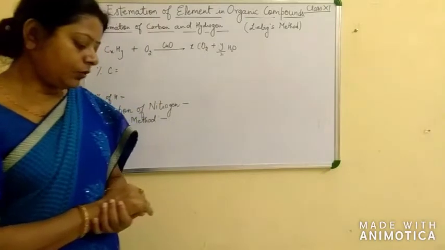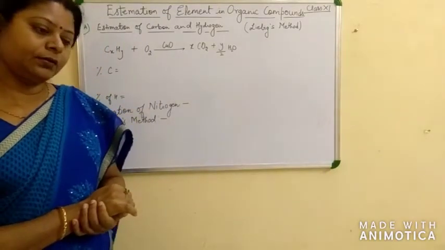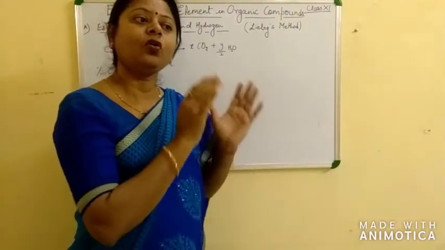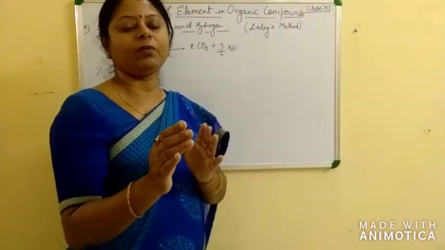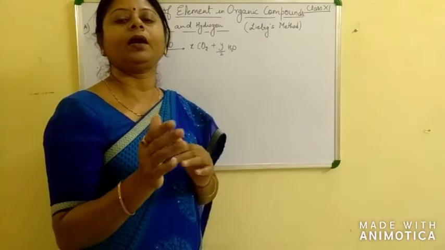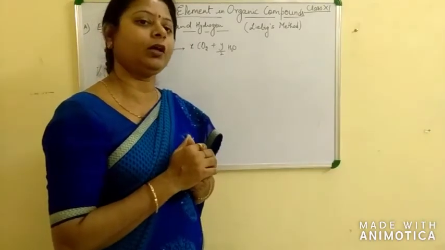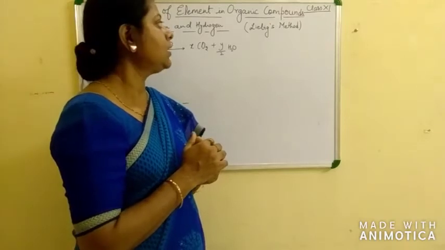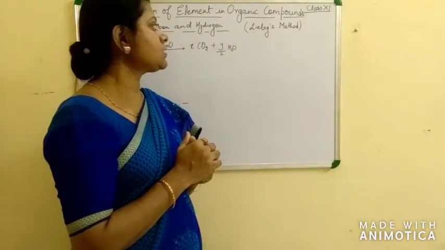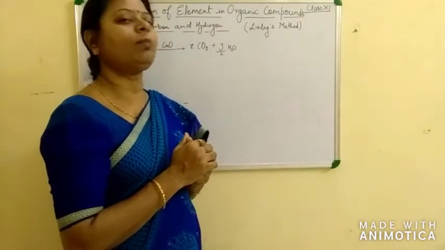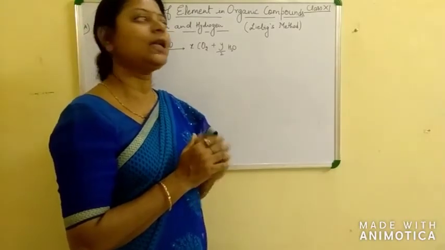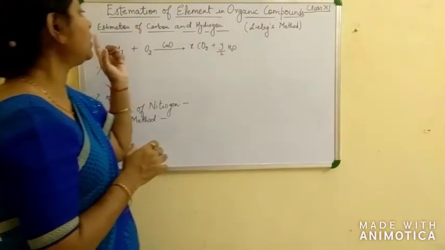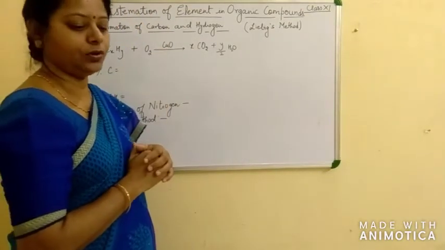Together we have to estimate the percentage of carbon and hydrogen in a given organic compound. This method was first studied by Liebig, so it is known as the Liebig method to estimate carbon and hydrogen.